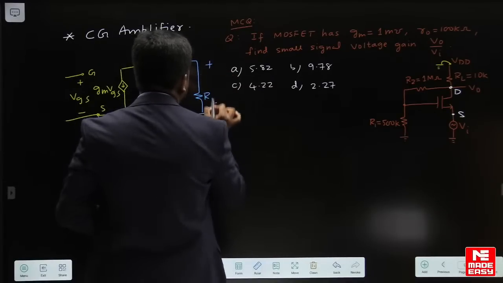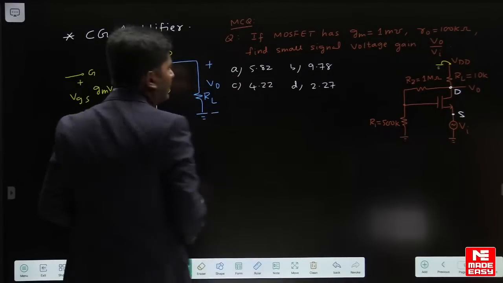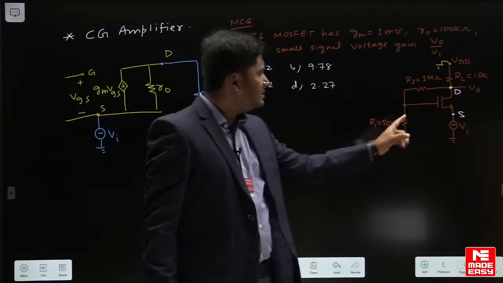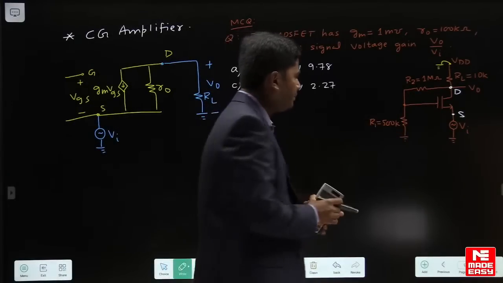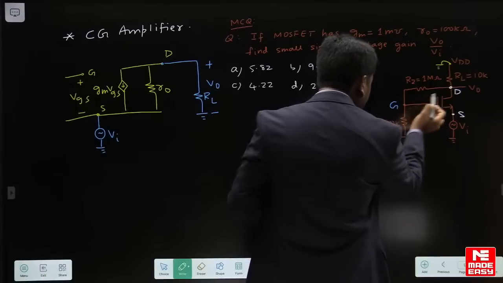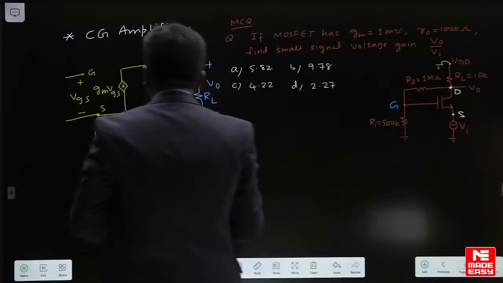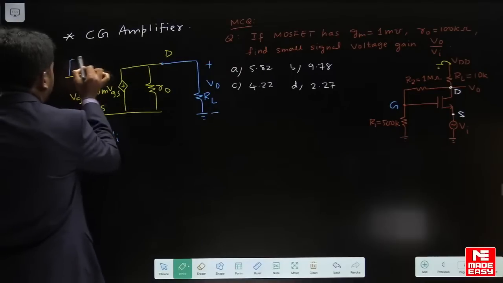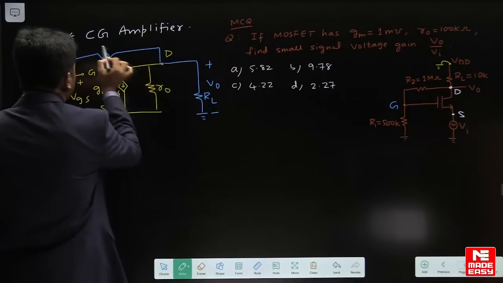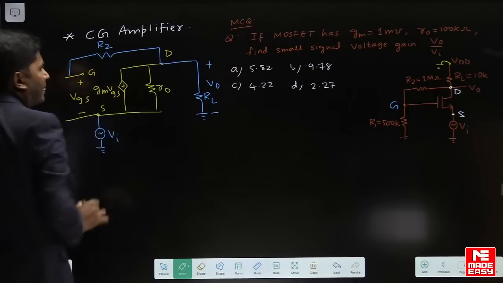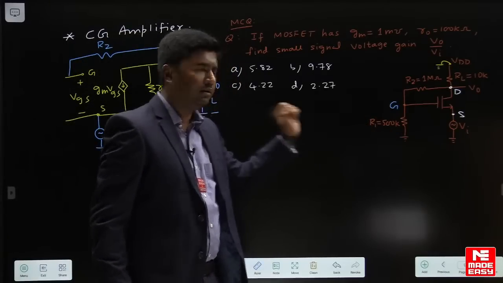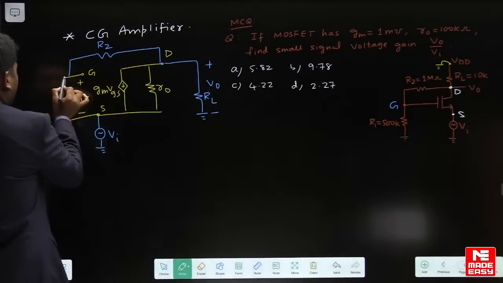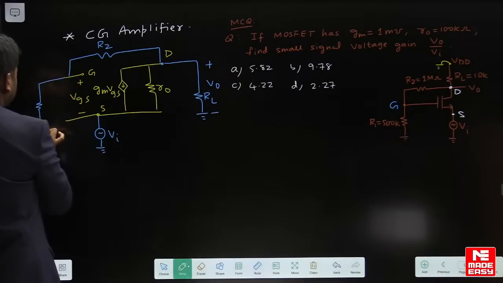And this is V0. Then we have two more resistances, that is R2 between drain and gate. So between drain and gate you show R2, and between gate and ground we have R1. So between gate and ground I draw here R1 like this.